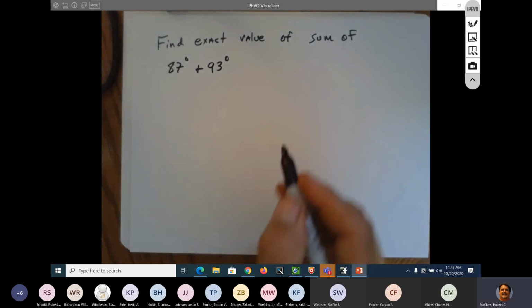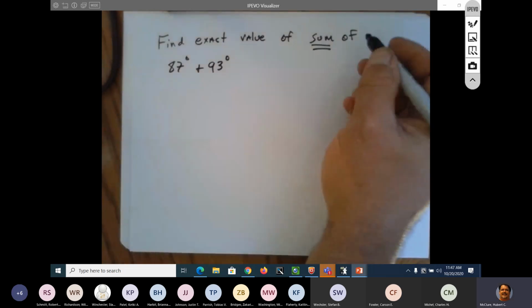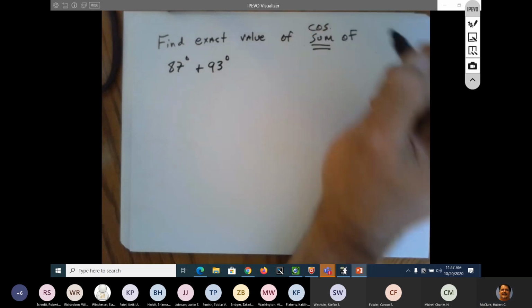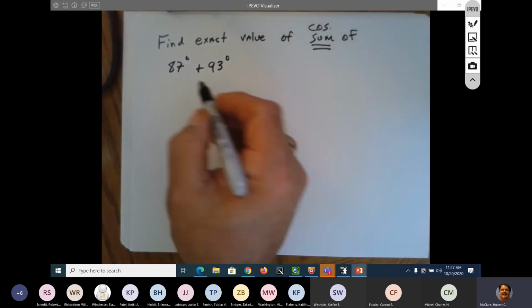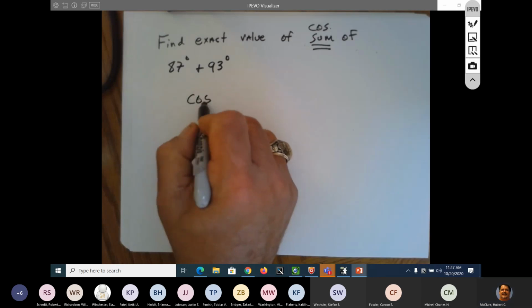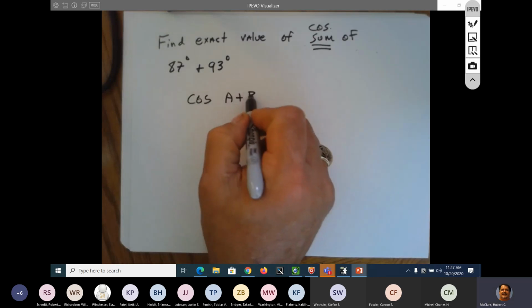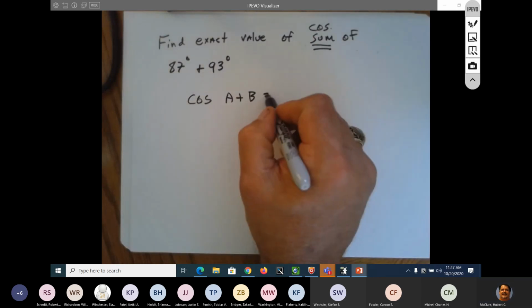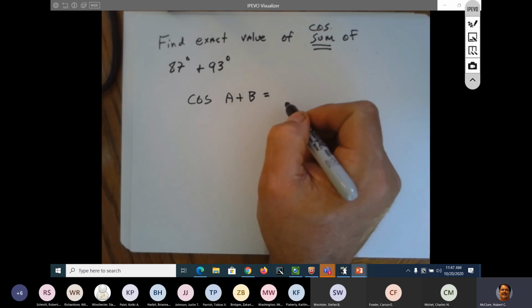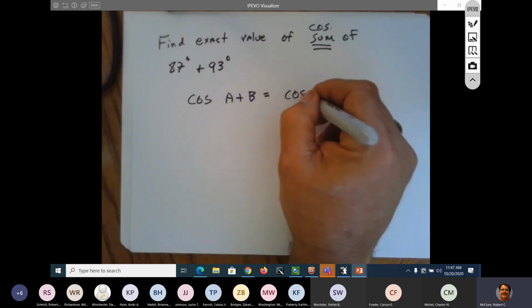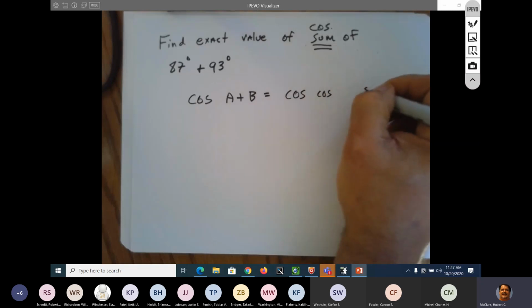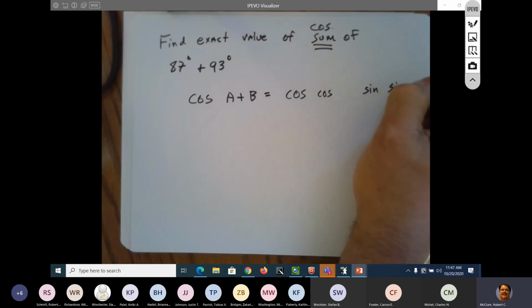Notice it says sum, and the only thing we know right now is cosine. So that'd be the sum of the cosine. Cosine of A plus B is equal to cosine, cosine, sine, sine.